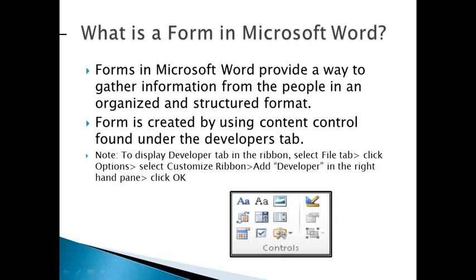By default, your Microsoft Word doesn't have it; it's turned off. So in order to turn it on, you have to go to the File tab, click on Options, select Customize Ribbon, and add the Developer tab to your default tabs. So I'm going to show you how to do that.